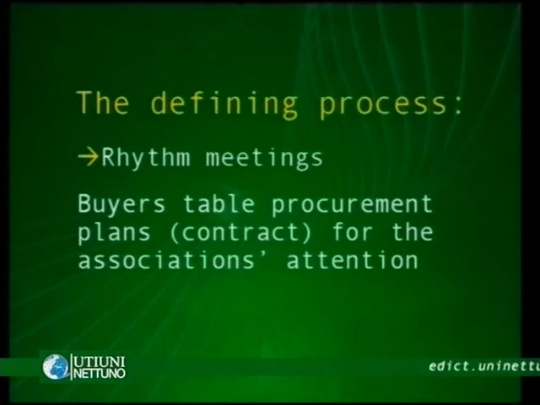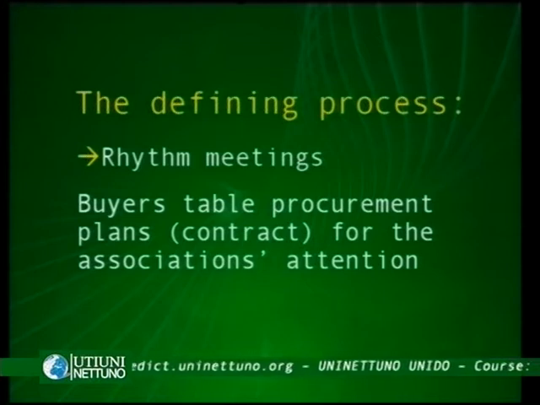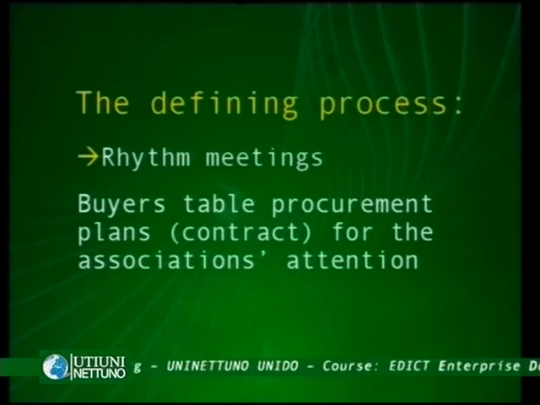Now, the buyers at these meetings, which usually are once a month, bring to the table contracts that are imminent, contracts that have been awarded, contracts that they are planning within a timeline that are going to be awarded.